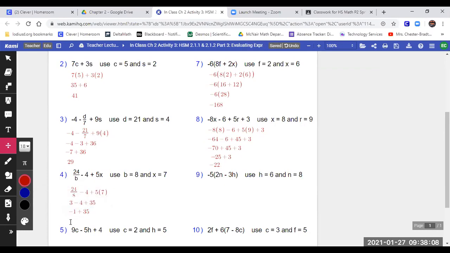So what does that really mean? Negative 1 plus 35. What's another way we can say it? 35 take away 1. Exactly, because it's a positive 35 and a negative 1. So the answer is 34.